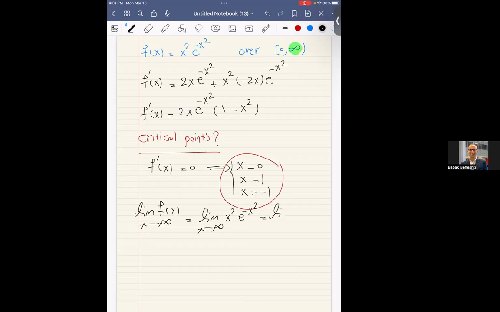And remember that e to the minus something, you can write it as 1 over e to the plus x squared. And I told you that exponential grows much faster than polynomial. So e to the infinity is much bigger than infinity or infinity squared. So that means here the denominator grows much faster than the numerator. So this limit is 0.